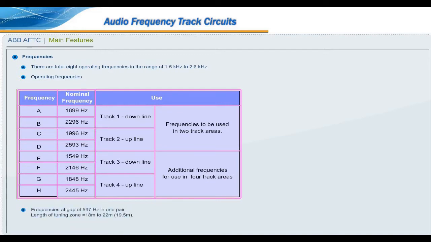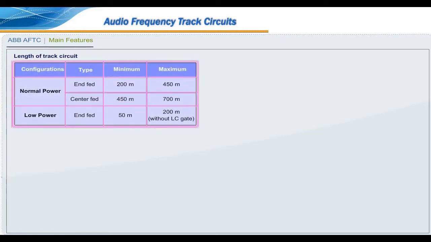Frequencies at a gap of 597 Hz in one pair. Length of tuning zone equal to 18 meter to 22 meter, 19.5 meters. Length of track circuit.